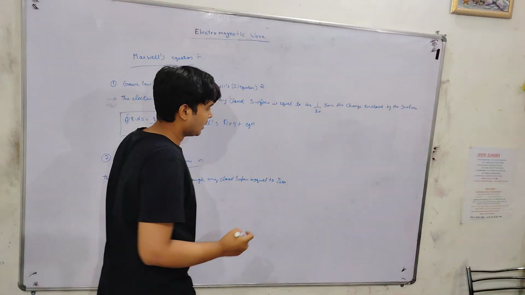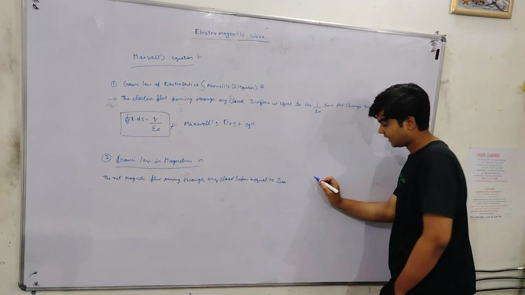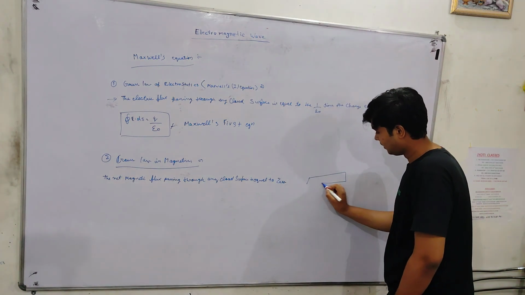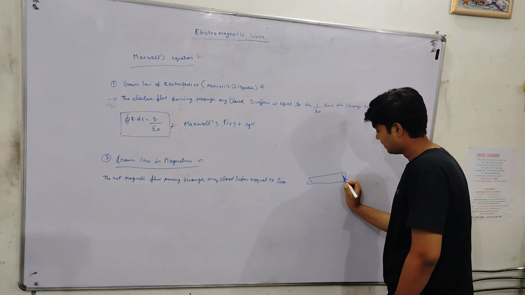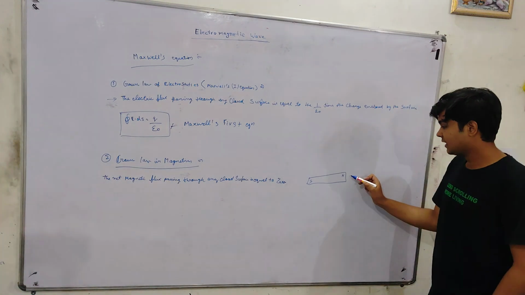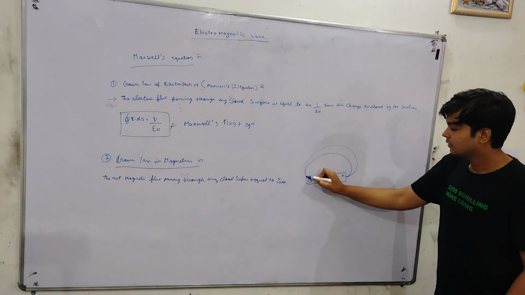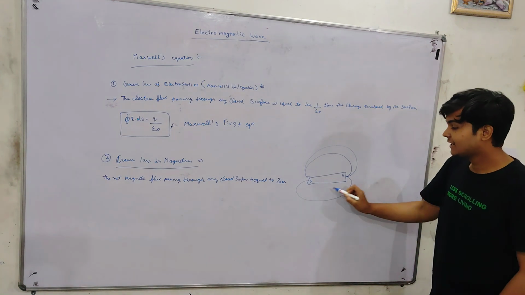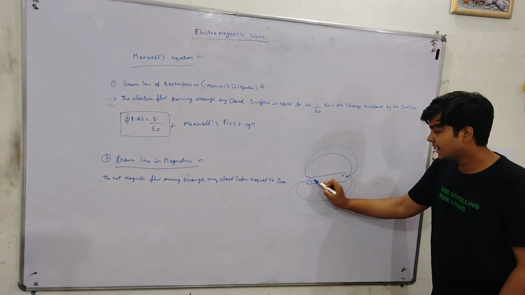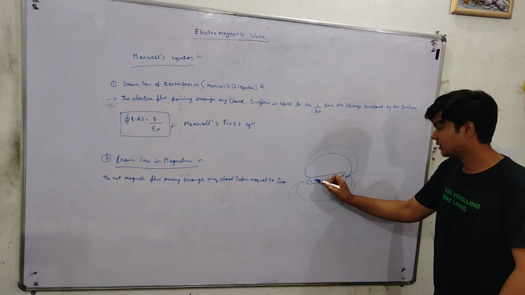We can recall the diagram of a bar magnet. We remember that the magnetic flux passes from north to south outside the magnet, and inside the magnet it passes from south to north.